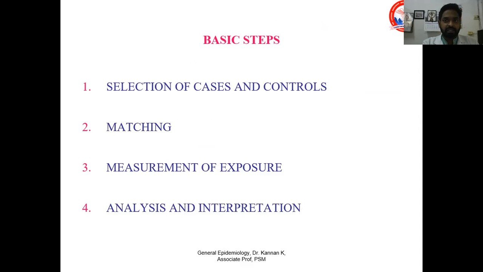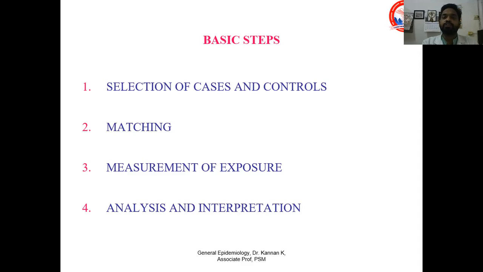Selection of cases and controls is the most vital step in a case control study, because we have to be careful in selecting the cases and even more careful in selecting the controls. We cannot select all the cases randomly to be part of this study design. Second thing, matching. After having the criteria for cases and controls, we have to make sure that they are matched with each other.